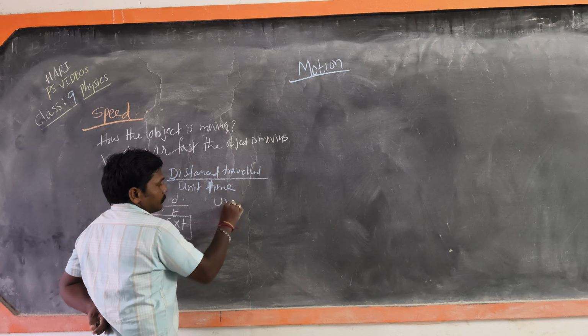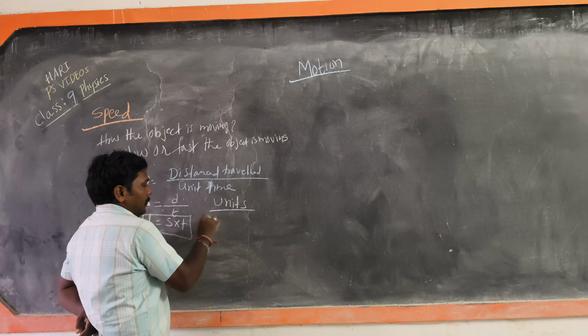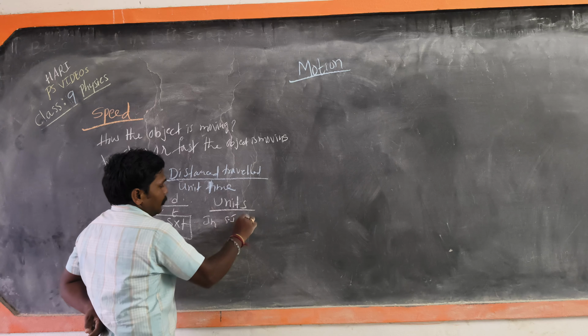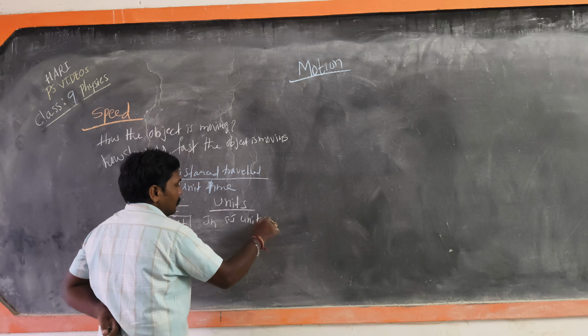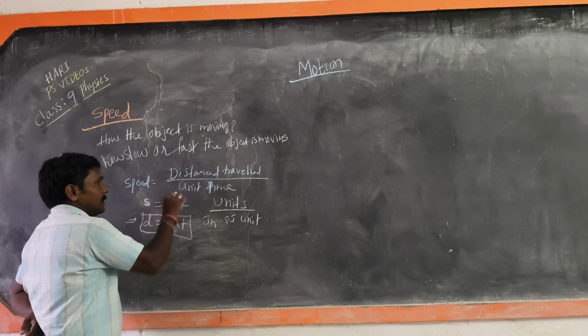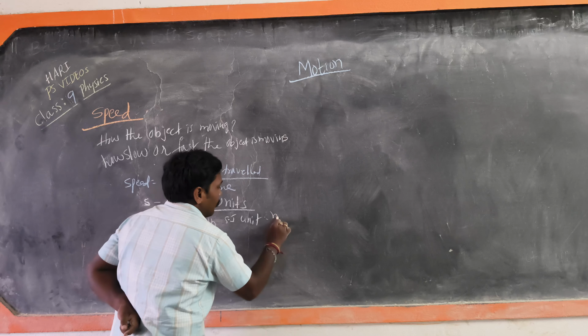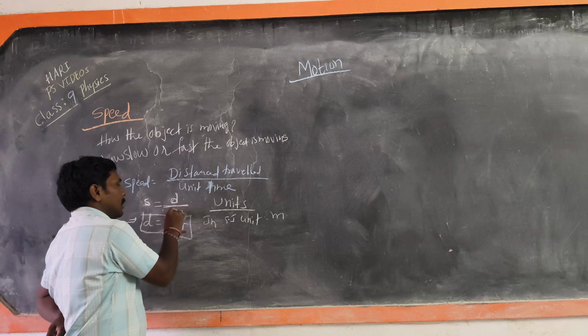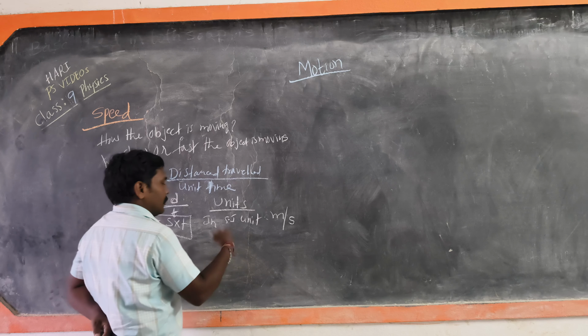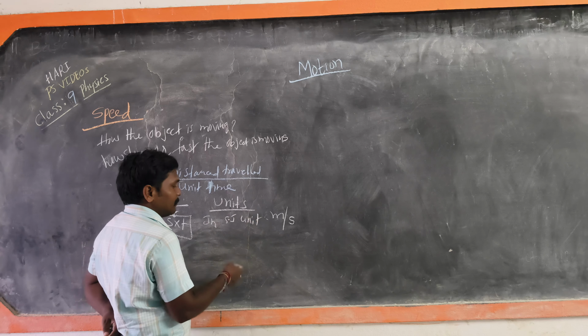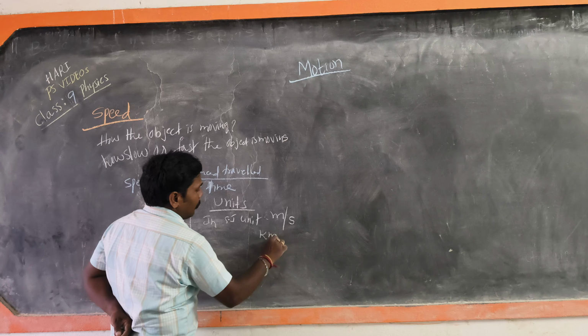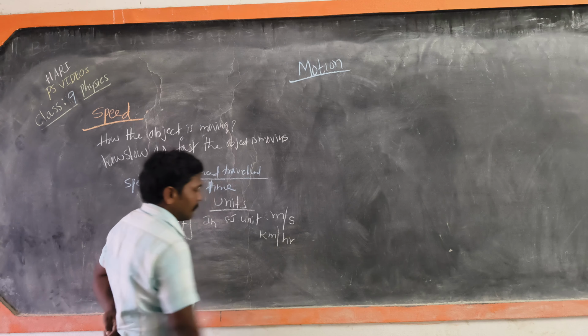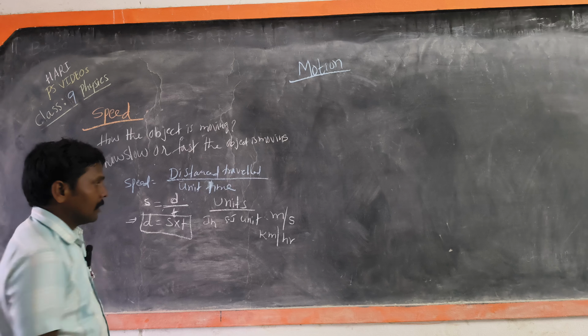The SI unit, the universally accepted unit, for distance is meter and for time is second, so speed is in meter per second. For measuring higher speeds, we can use kilometer per hour.